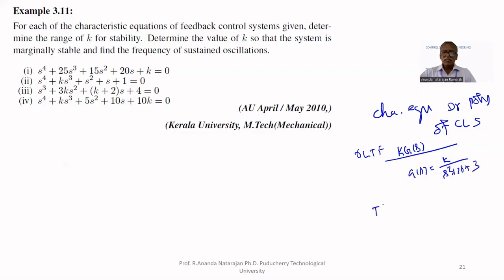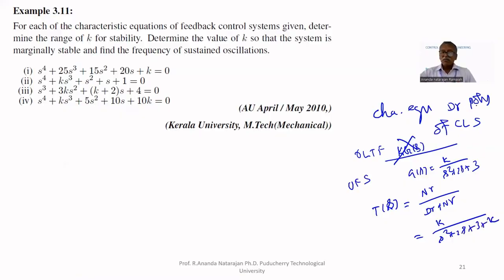What is the closed loop transfer function? T(s) equals k upon s square plus 2s plus 3 plus k. For a unity feedback system, the closed loop transfer function is numerator divided by denominator plus numerator. That is equal to k upon s square plus 2s plus 3 plus k.